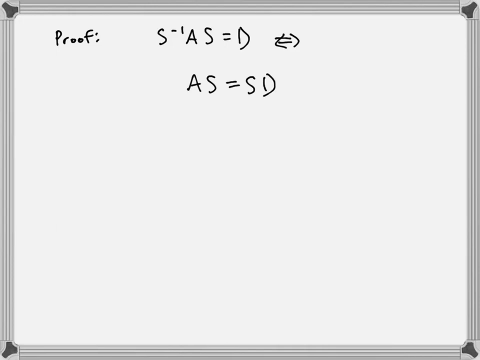All I'm doing here is multiplying both sides on the left by S of the above, and I get A S is equal to S D. Okay? So what does this equal? So what does the left equal? The left is A times V1 to Vn.